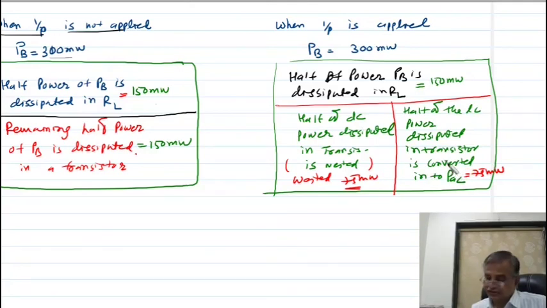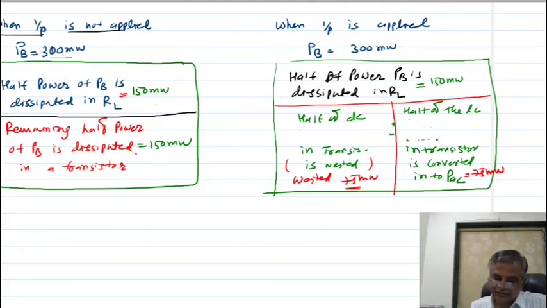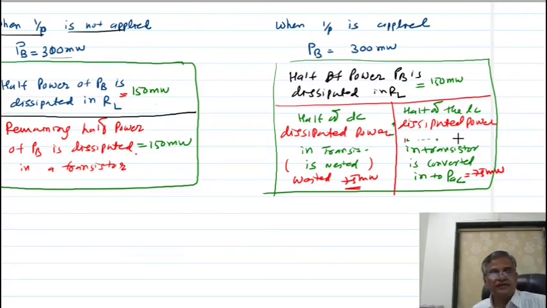So I should say: half of the DC dissipated power in the transistor is wasted, and half of the DC dissipated power in the transistor is converted into PAC.